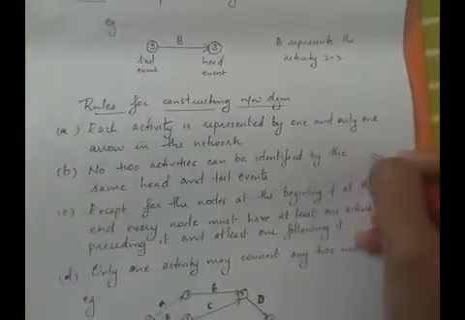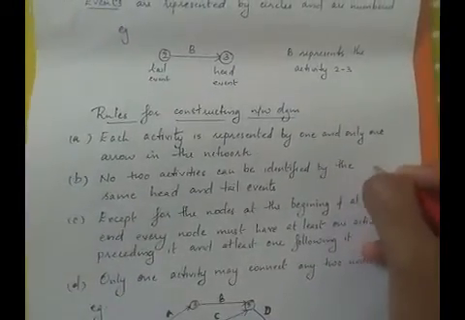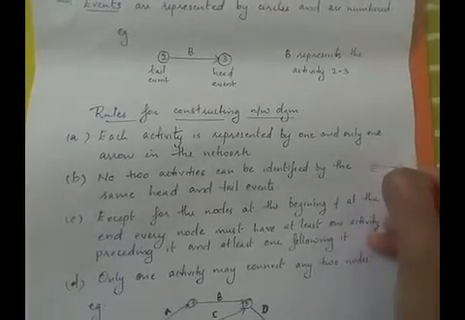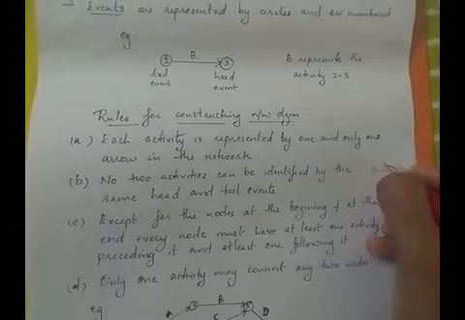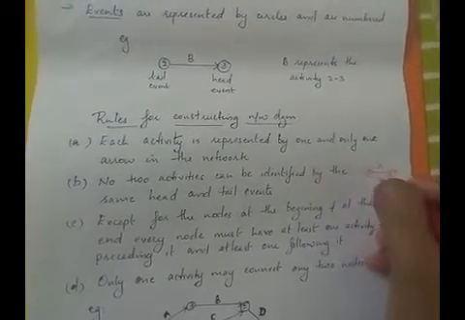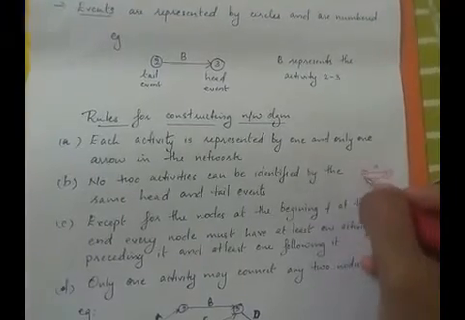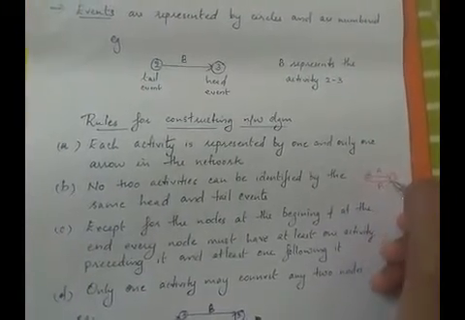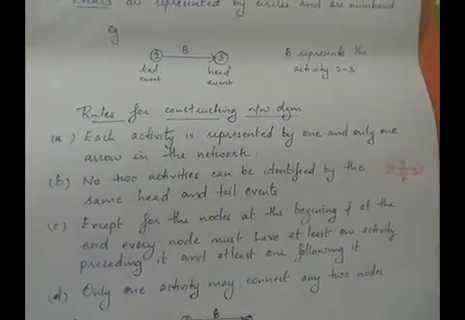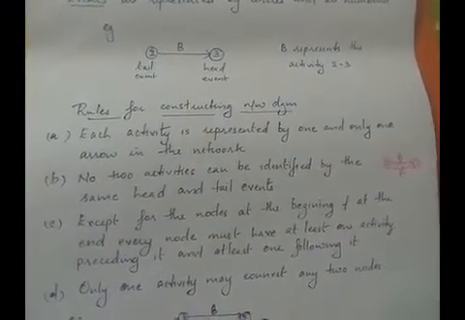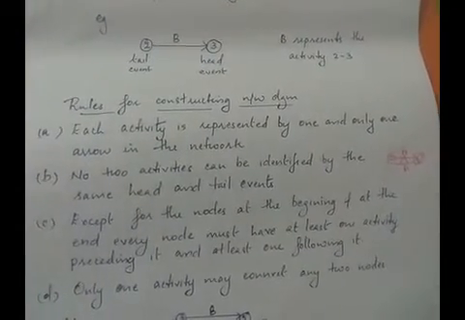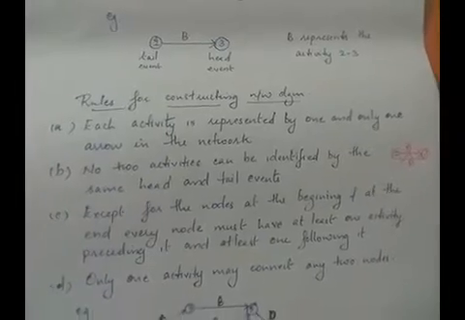For example, suppose we have two events 2 and 3, and I have drawn an activity A, then there cannot be an activity B which has the same starting and ending events. So this is wrong. It cannot be permitted. That is, parallel activities cannot be done. No two activities can have the same head and tail events.